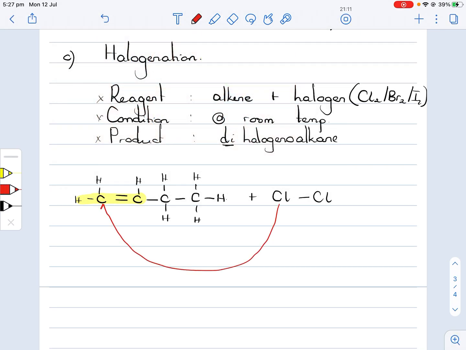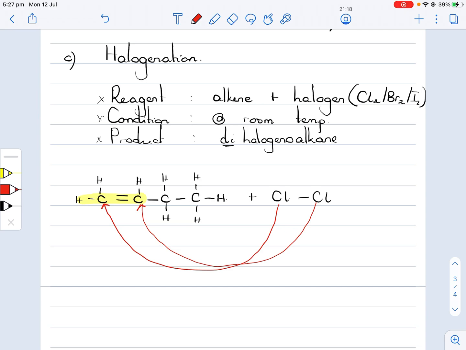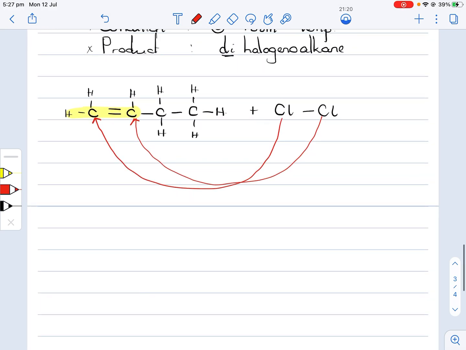This chlorine will come to that carbon and that to the other carbon. Nothing happens to the rest of the molecule. So as a result of that, the double bond breaks, and the two carbons that were sharing the double bond each receive a Cl, and the rest of the molecule remains the same.